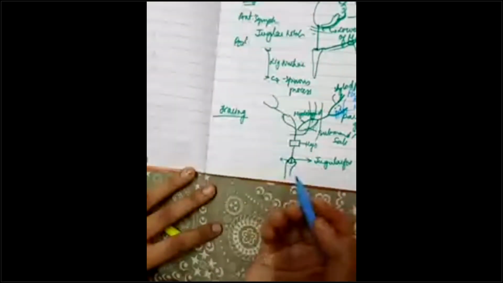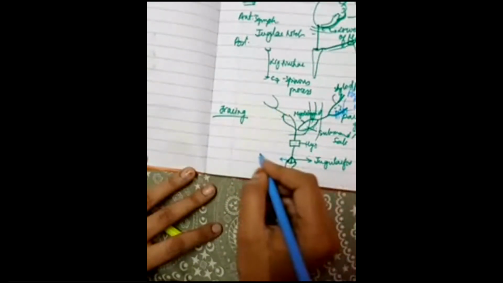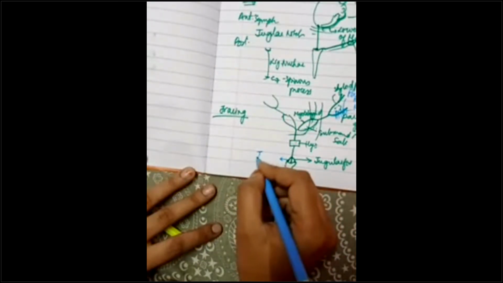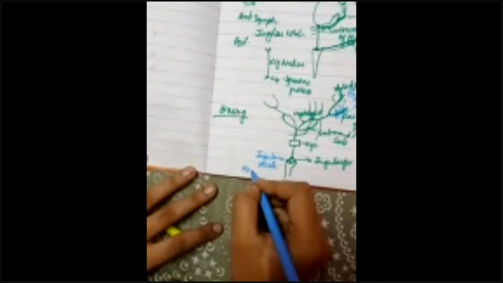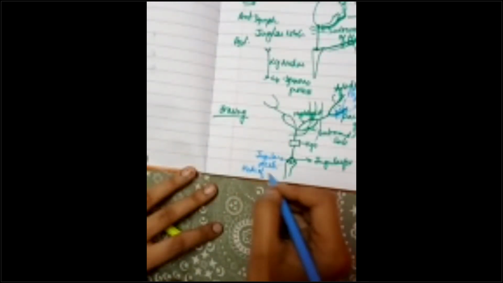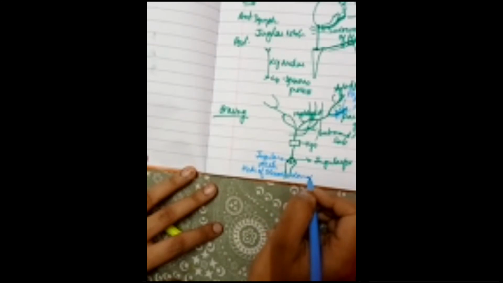Now we have to see the jugular fossa. This is a space. What are the contents we have to see in this? Jugular arch is there, not notch. Your heads of sternocleidomastoid are there, right?